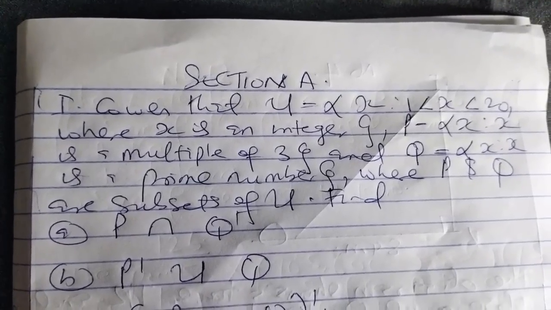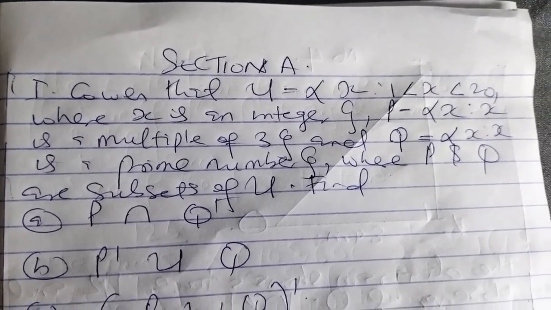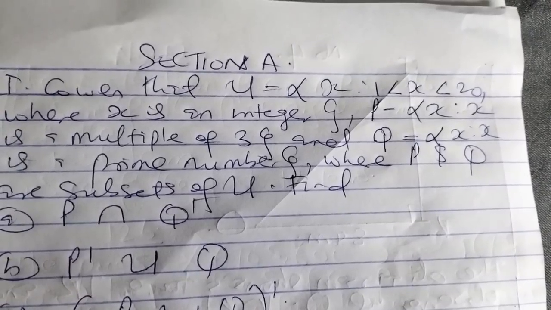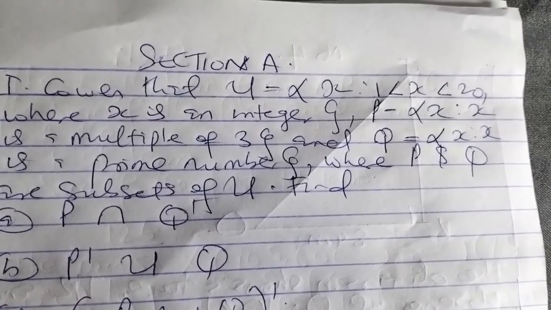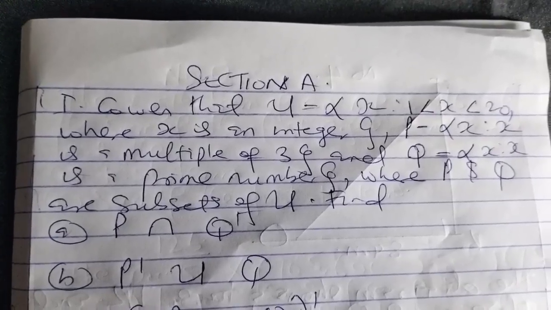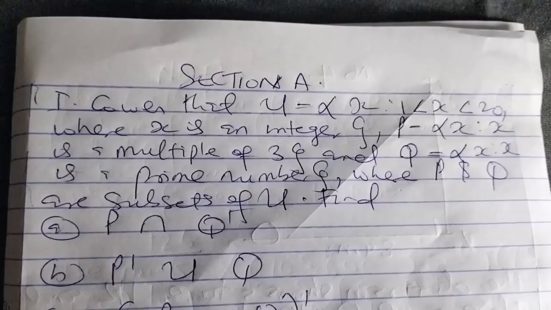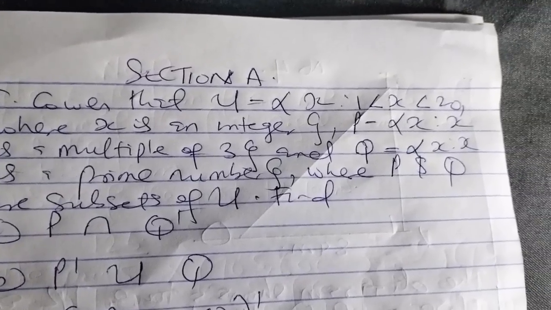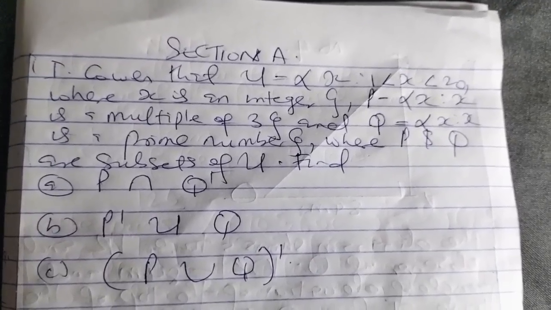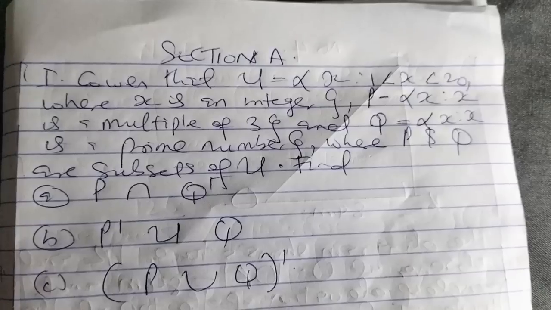Section A, number 1. Given the universal set where S is a member, S is greater than 1 and S is less than 20, and S, of course, is an integer. Then P is a subset of S, where S is a multiple of 3.